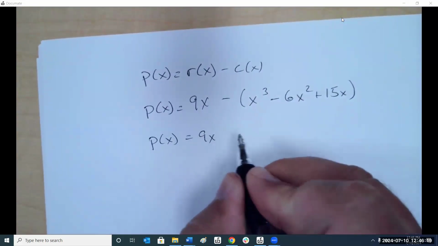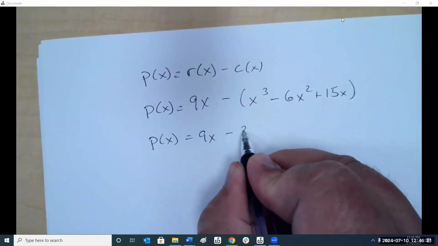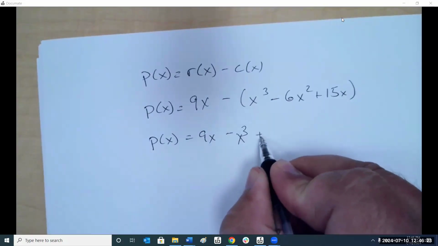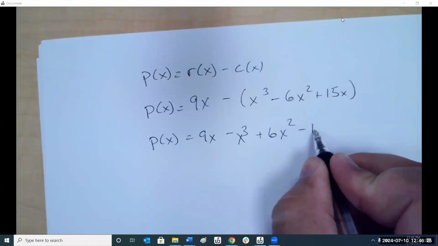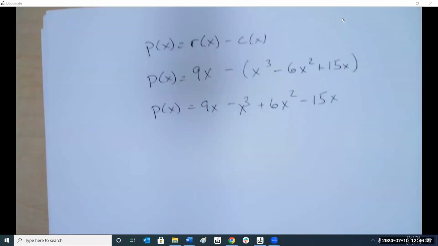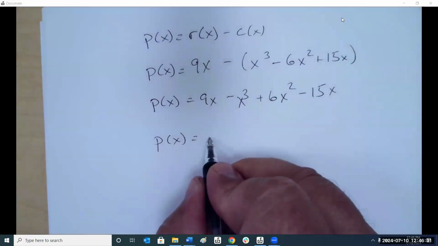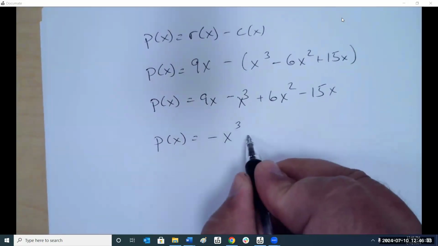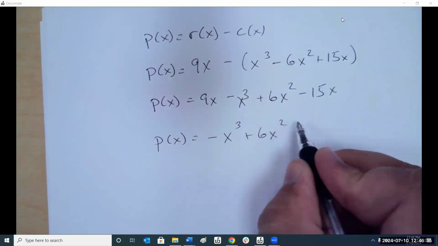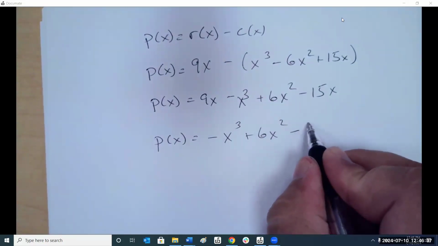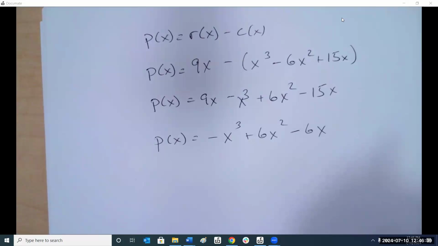P of x is 9x minus x cubed plus 6x squared minus 15x. Negative x cubed plus 6x squared minus 6x.